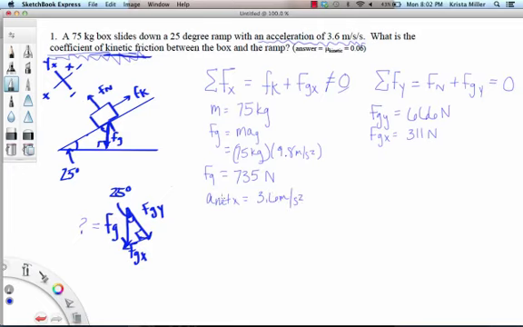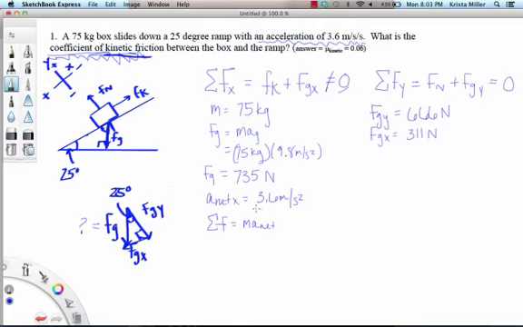What we can do is you still know this equation, F net. So remember, we can write it like that, or we could write F net equals m a net, right? So if that's true, we know mass, up here it's 75 kilograms, we know the net acceleration.